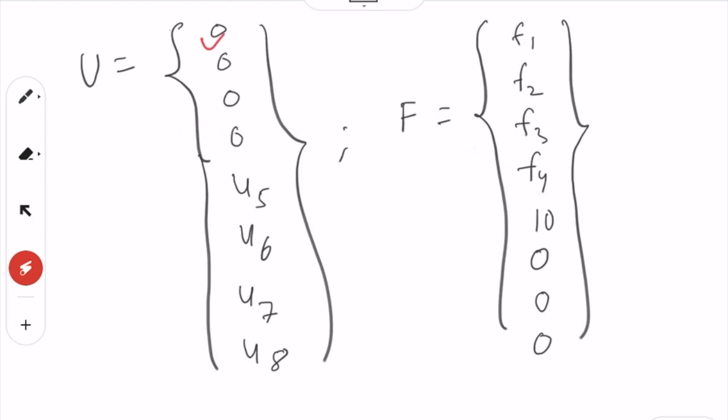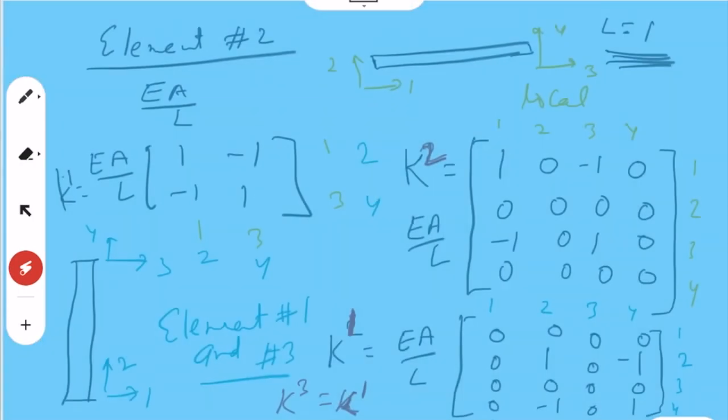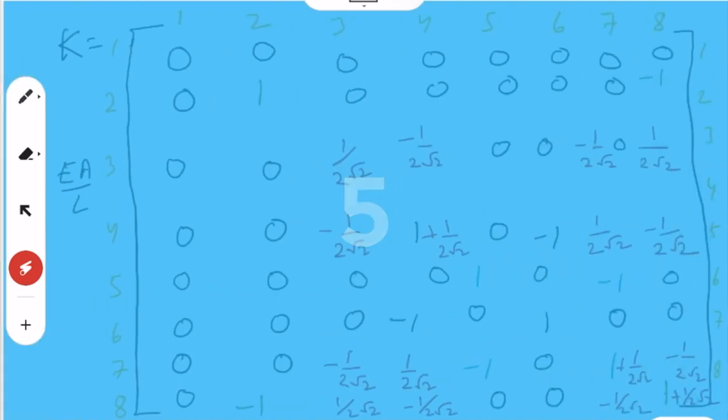So, we have 1 2 3 4, 1 2 3 4, zeros. Hence, the first 4 rows will not be used. Only the last 4 rows will be used, and we have 10 0 0 in the force vector.